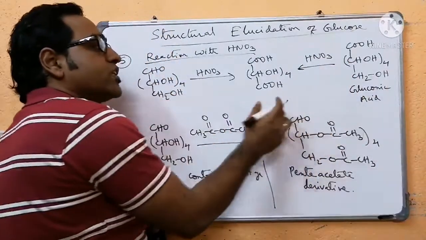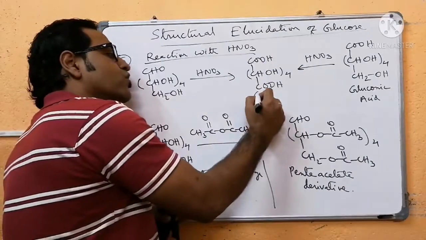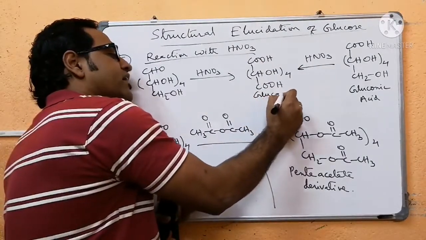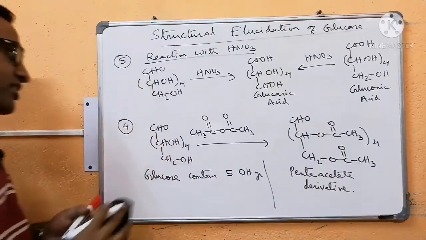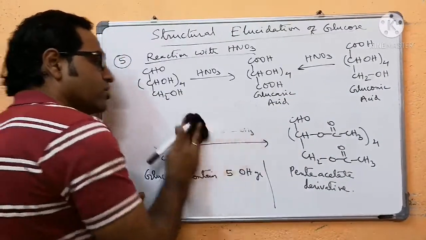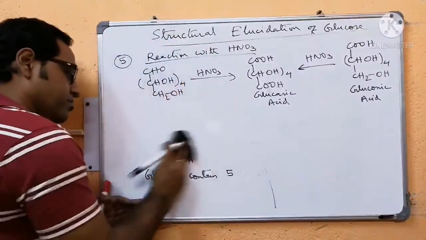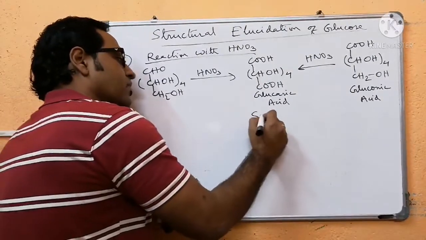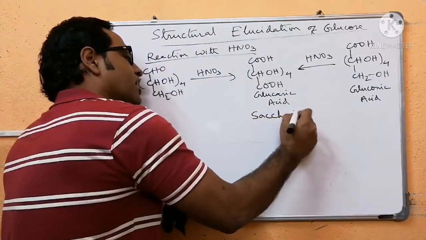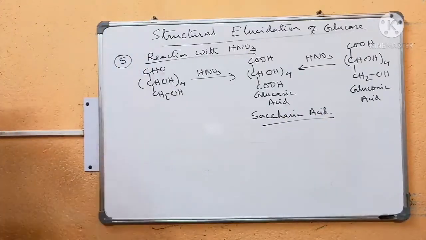This also upon oxidation produces the dicarboxylic acid, which is called glucaric acid or saccharic acid. SACCHARIC, saccharic acid. Now what does it suggest?